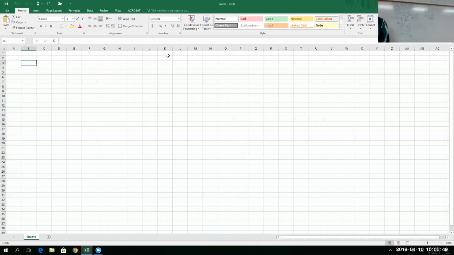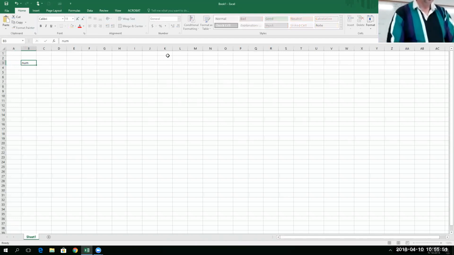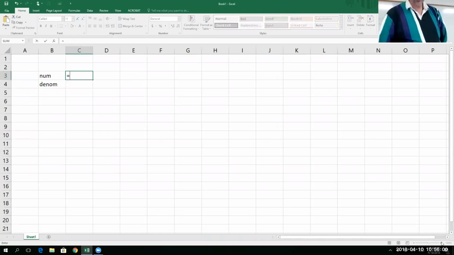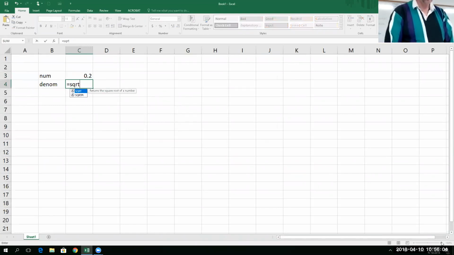One way to set this up is to do the numerator and the denominator. The numerator is going to be 0.7 minus 0.5. Your denominator is going to be the square root of 0.5 times 0.5 divided by 10.